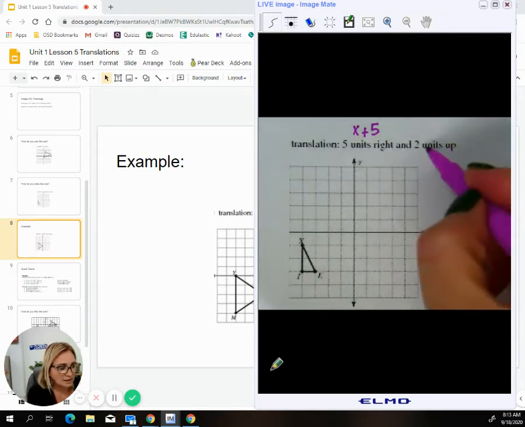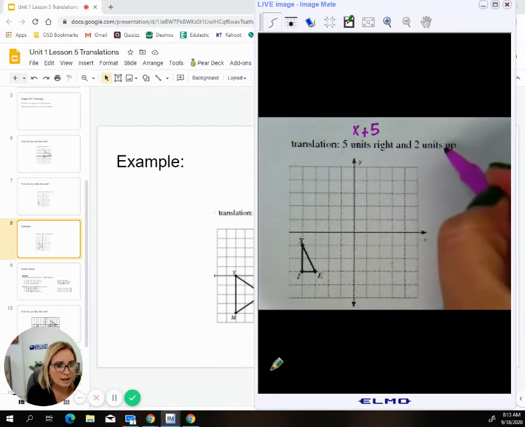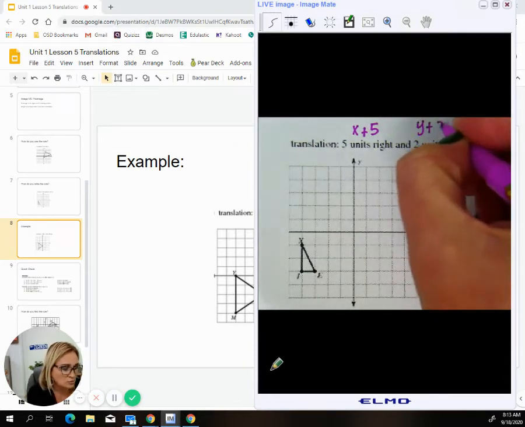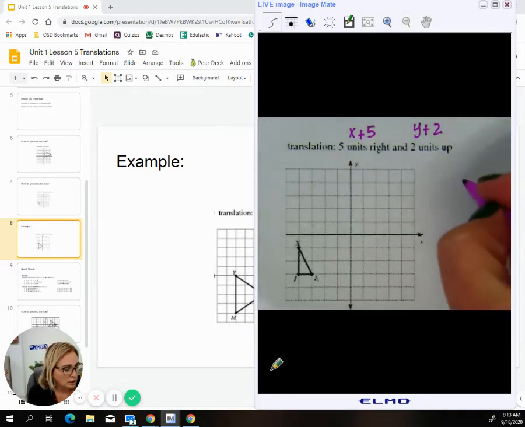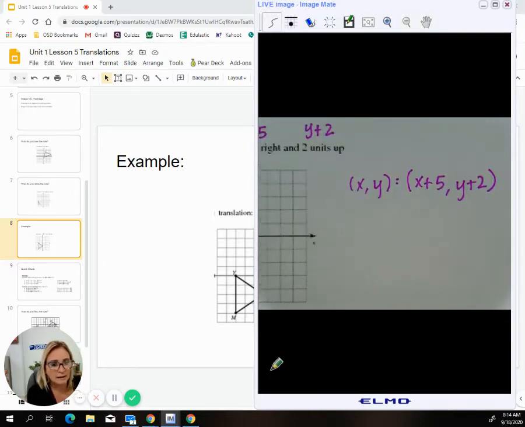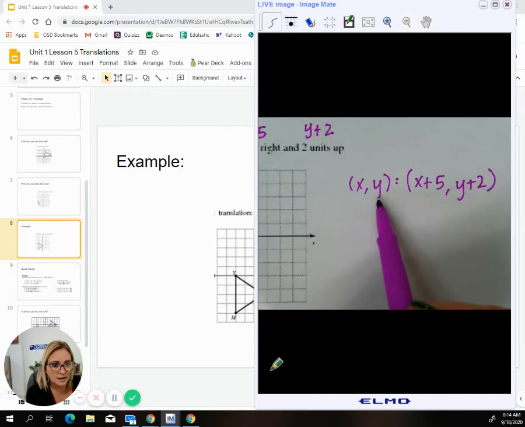It's also telling us that we are going 2 units up, and up would be our Y value, and so this means we are going to go Y plus 2. So we would say that our formula is this, that we are taking our pre-image and now we're translating it to this new place.